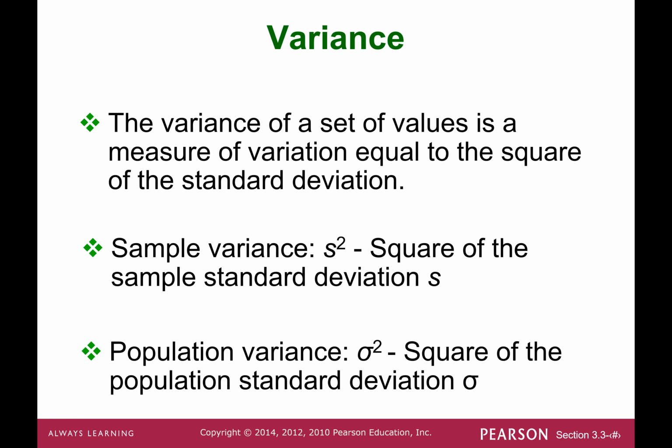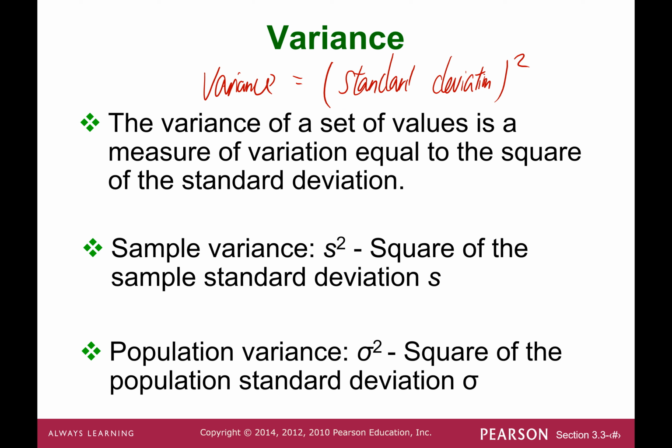Okay, so the variance of a set of values is a measure of variation equal to the square of the standard deviation. So variance is equal to standard deviation squared. Basically, if you know the standard deviation, you know the variance, just square it. Or if you know the variance, you know the standard deviation.